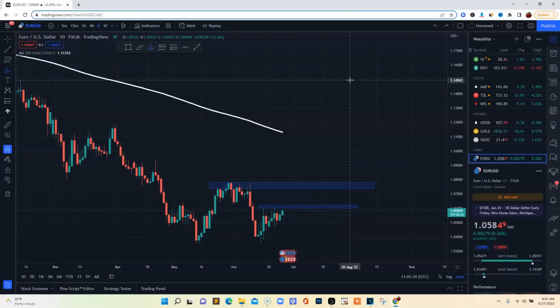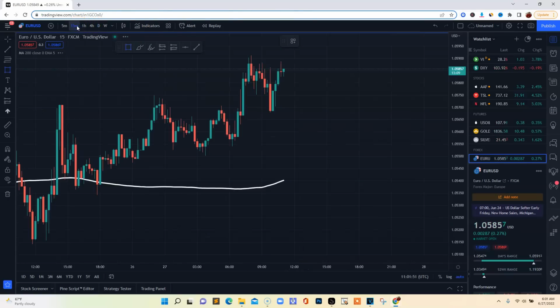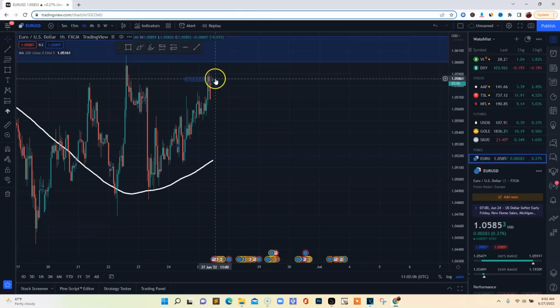All right, so let me remove this stuff. So these are the potential setups for EURUSD throughout the week. So you could either do pending orders, you know, right here, or you could just do market execution. But like I said, if you want to move to a lower time frame, as you see, we're starting to hit this zone up here. We're getting close to this zone.